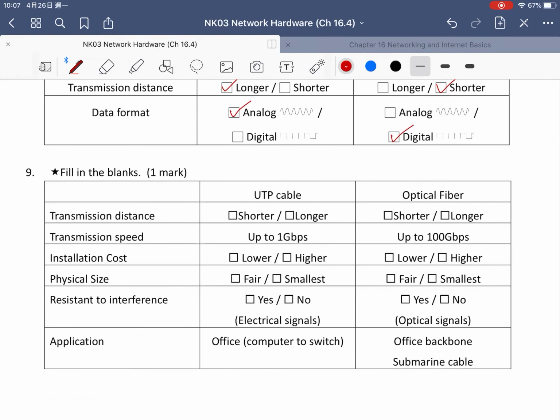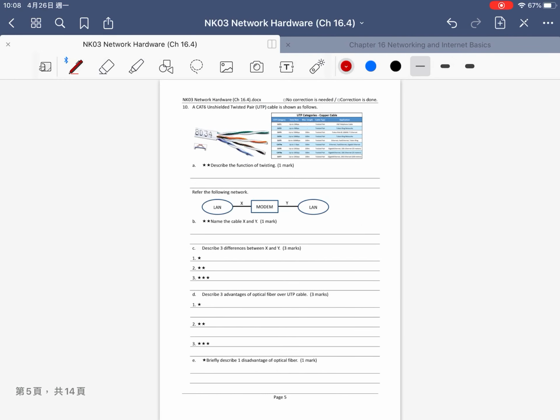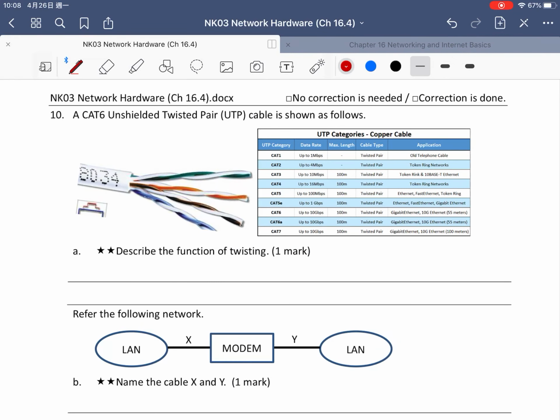Okay, you can do the comparison here. And then the question is about the UTP cable, Cat6.